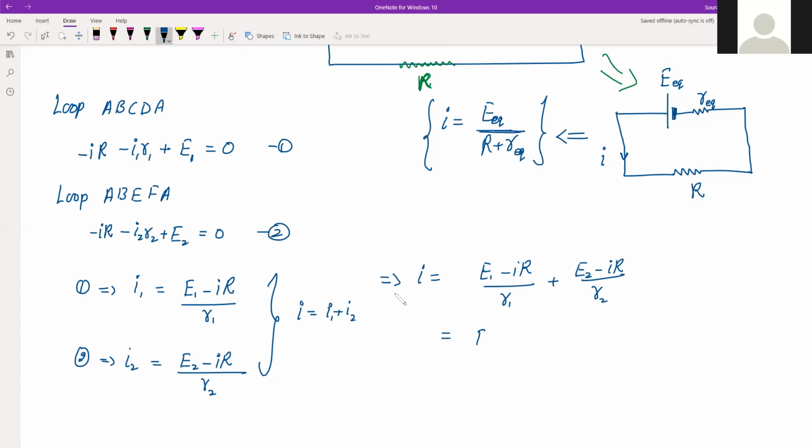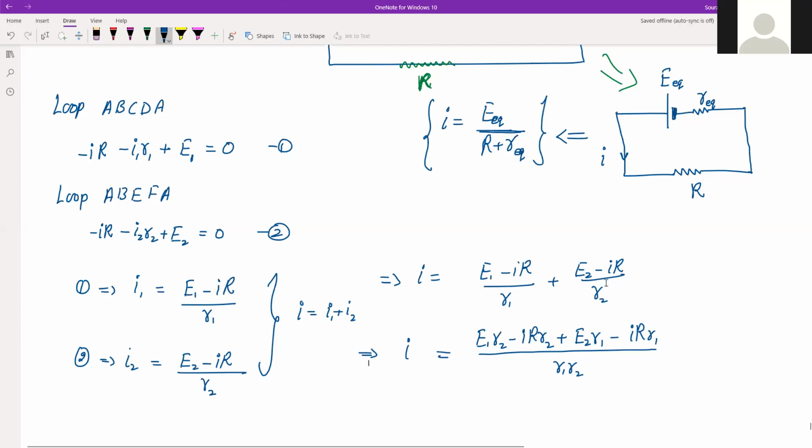Cross multiply: E1 into R2 minus I R R2, plus E2 into R1 minus I R R1, this whole divided by R1 R2, that is equal to I. So this is I.